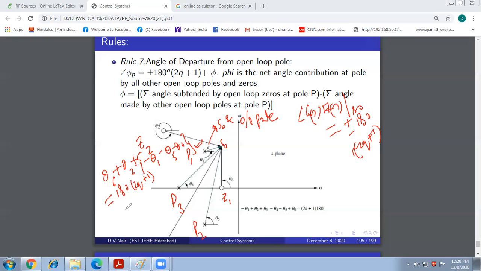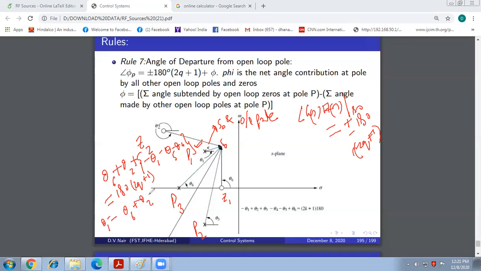In this case, the angle I am interested in is theta 1, because theta 1 will give me the angle of departure as the root locus branch moves, leaving the open loop pole at P1 for higher values of gain K. So theta 1, I can very well write by taking theta 1 on the other side of the equation, and then on this side of the equation will be theta 6 plus theta 2.